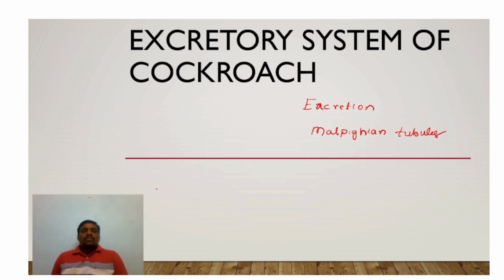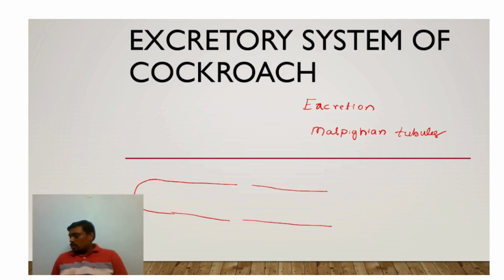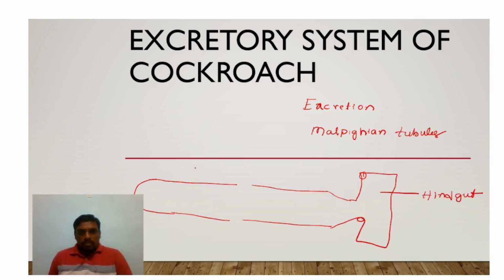Now, how do these Malpighian tubules look? Let me draw the structure of Malpighian tubules so that you will understand how they perform the excretion process. All these Malpighian tubules are directly opening into the hind gut of the cockroach.